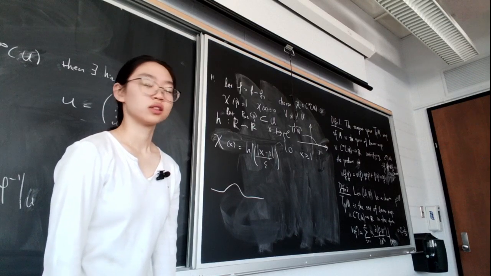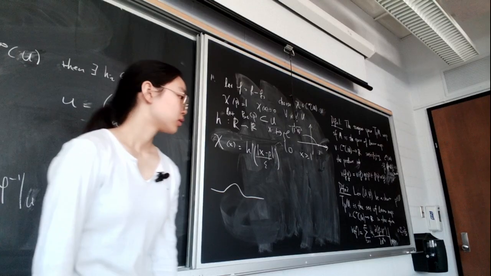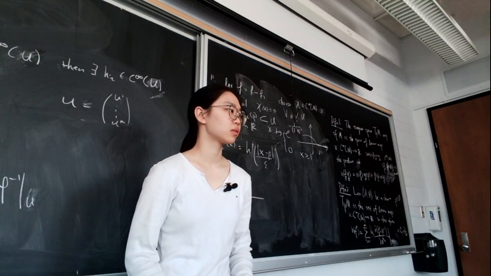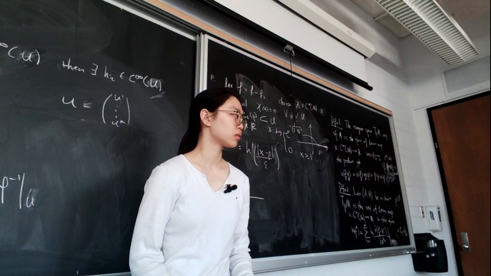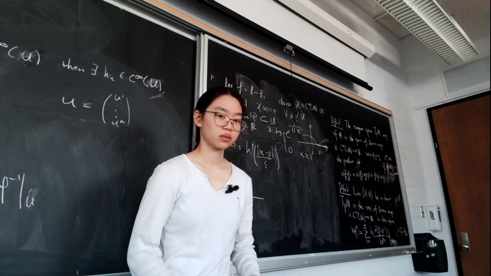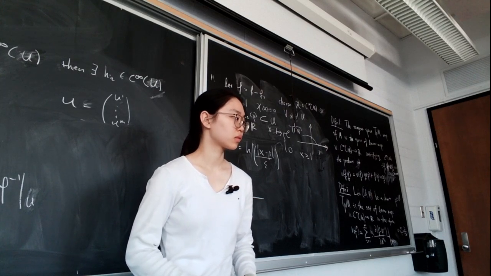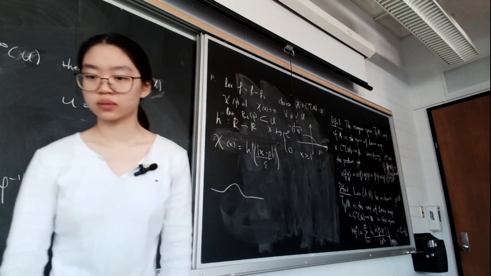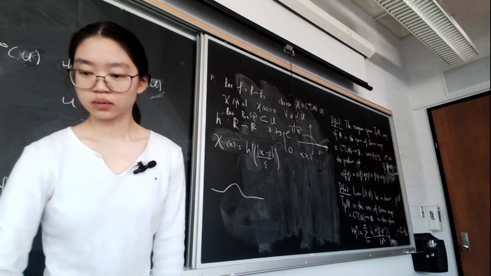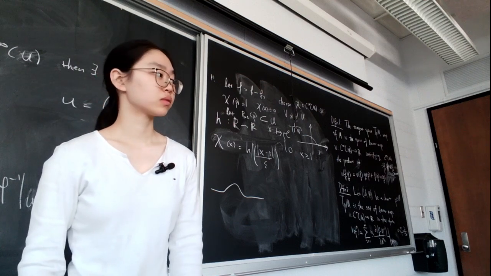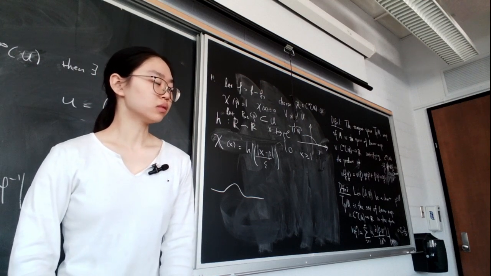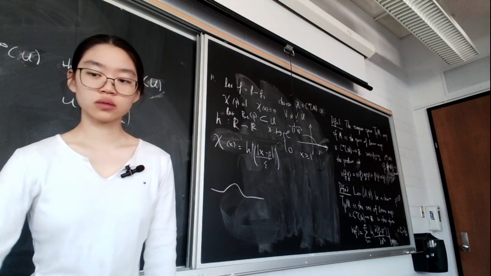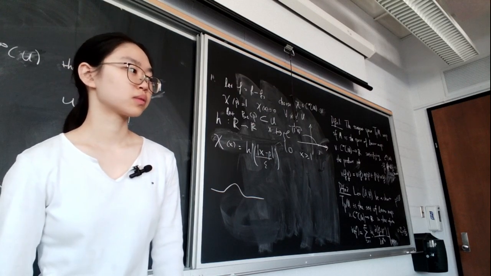But the point is, what are we trying to do? We want to show that for any function, you have a manifold M, you have a point P in the manifold. And suppose you have a function that is only defined locally in some open set U around the point, and this function is smooth in this little open ball.